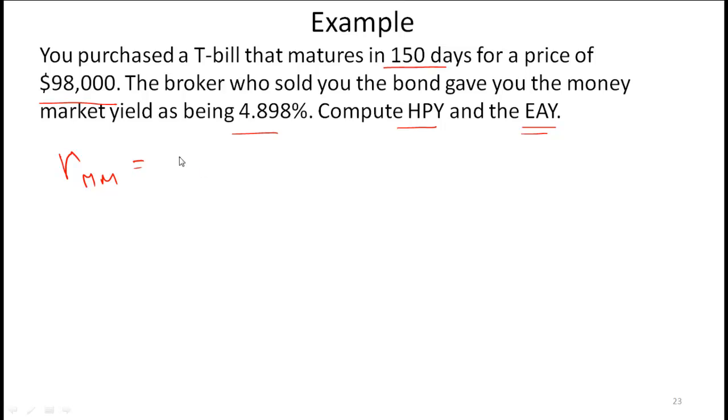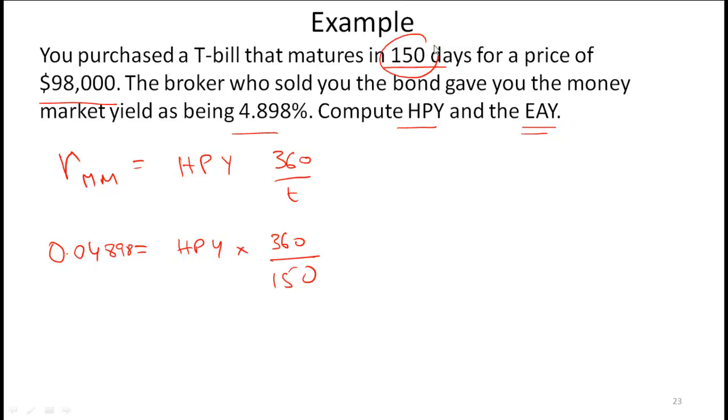Money market yield, if you recall, is holding period yield times 360 over T. The money market yield is given as 0.04898, which is equal to holding period yield times 360 divided by T, which is 150 from here.